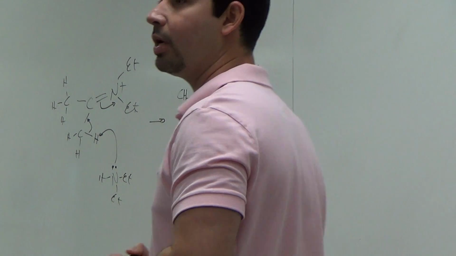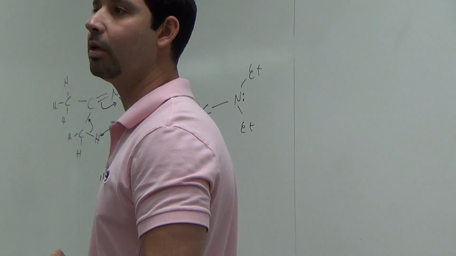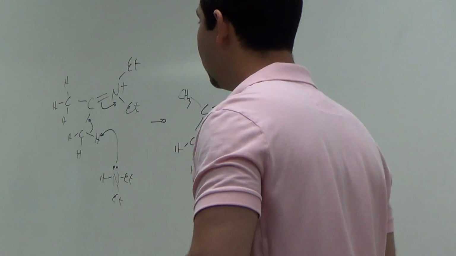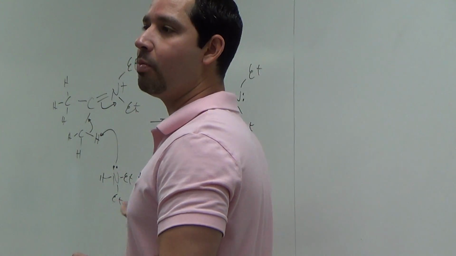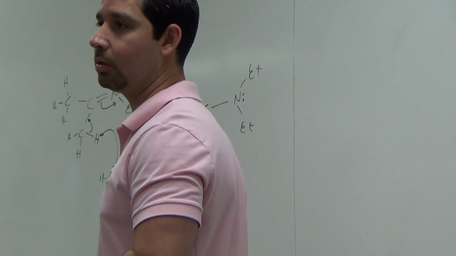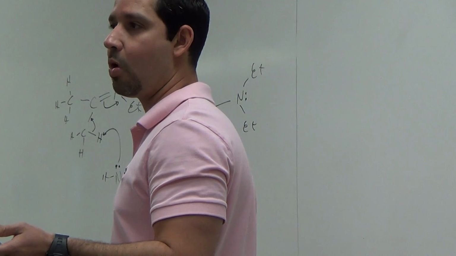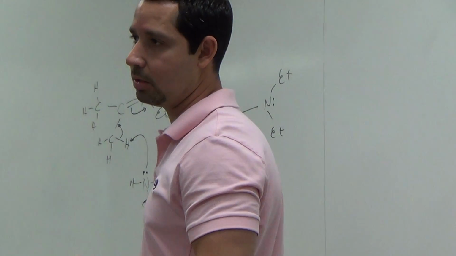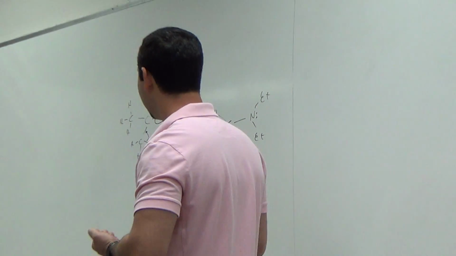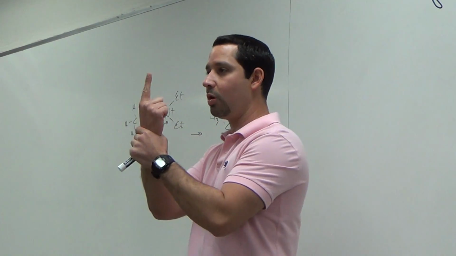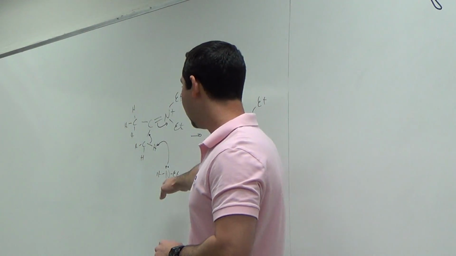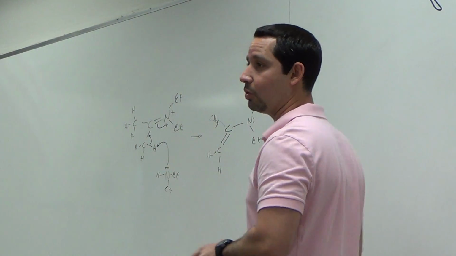Why doesn't the water get it? Because this is a little bit more basic than water. If you do it with water on the test, I don't really care. But you form one water molecule, and there are lots of those.